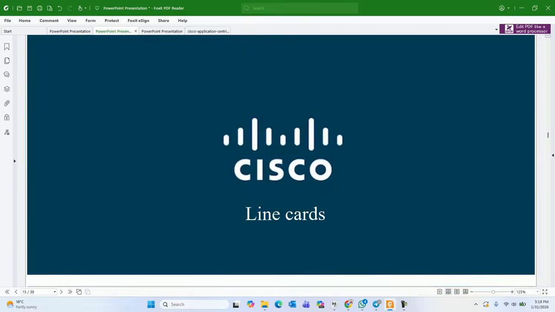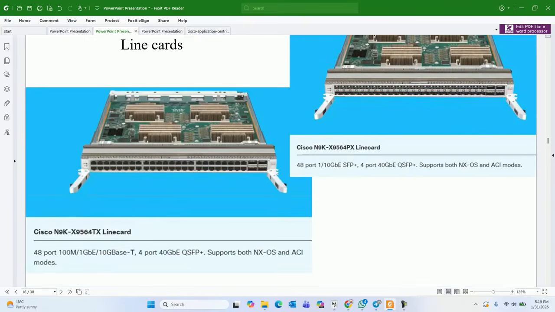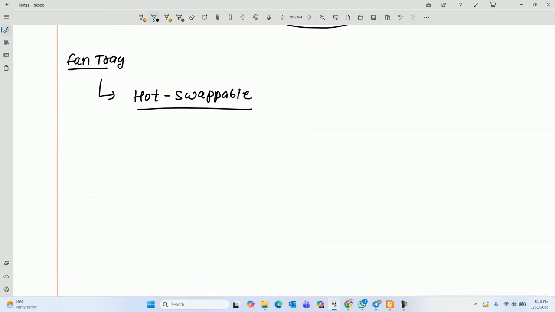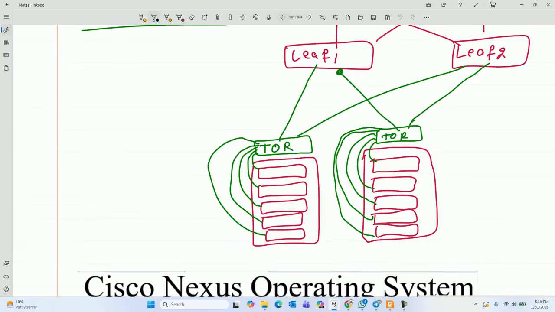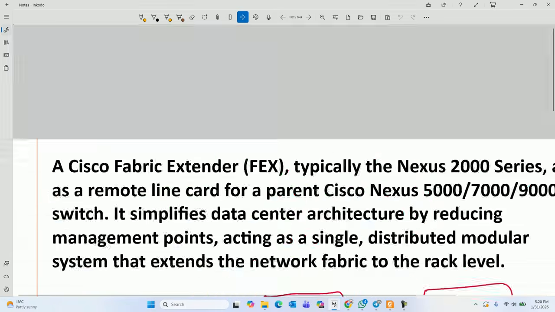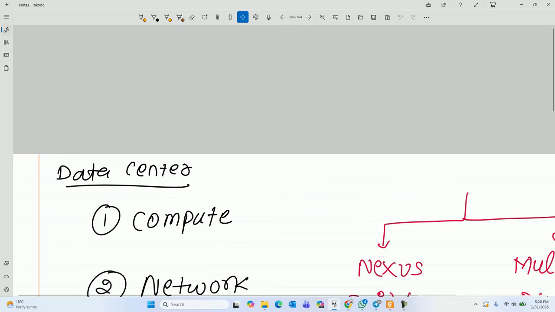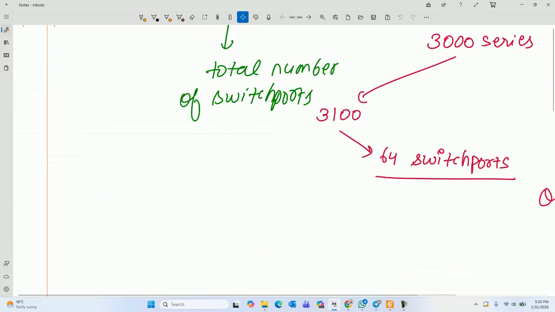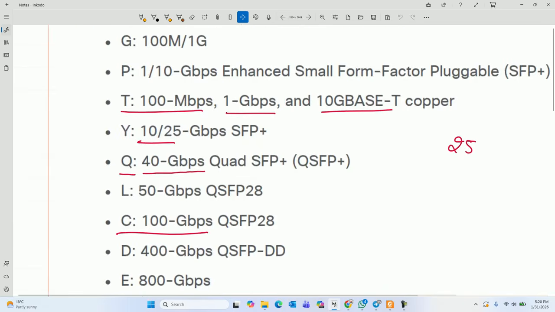In the line cards, you have different options as per your requirements. Let's say this is one of the models, 9K 9560PX. If you see PX, P means 1 to 10 Gbps.